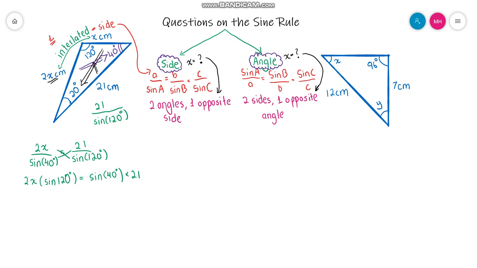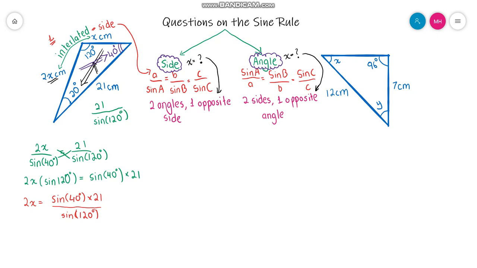We divide both sides by sine of 120, and when we do so, we get sine of 40 degrees multiplied by 21 all over the sine of 120. Then we'll find what x is equal to after one further step. But now we use our calculator just to calculate what the answer is.